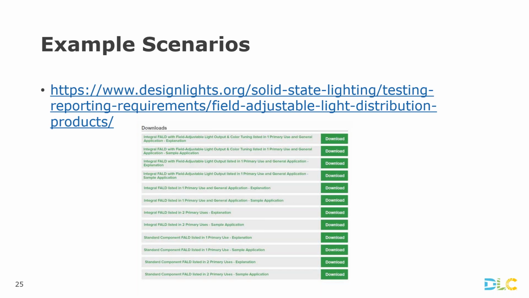And then a final scenario describing a product which is both a field adjustable light distribution product, which changes its distribution via integral means, a product that has field adjustable light output, and a product which is white tunable, and what that product would have to do in terms of testing, submission information, testing costs, and then how it would be listed on the QPL. So again, you'll be able to find all those on the website, and as you read through them in preparation for your applications, you're very much encouraged, if you have questions, to reach out to us at applications@designlife.org.